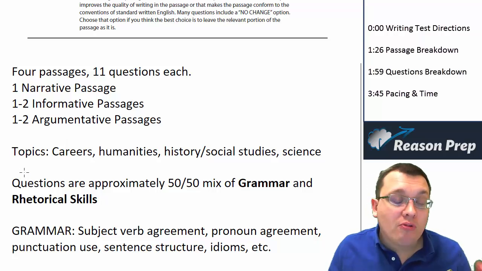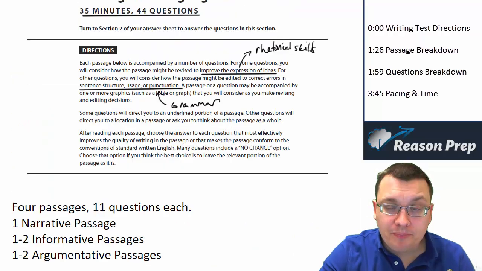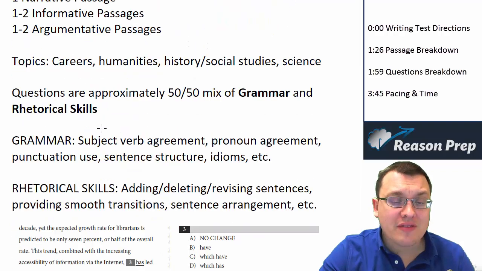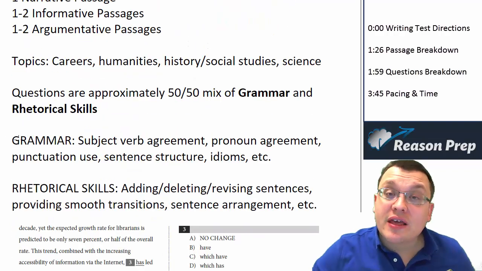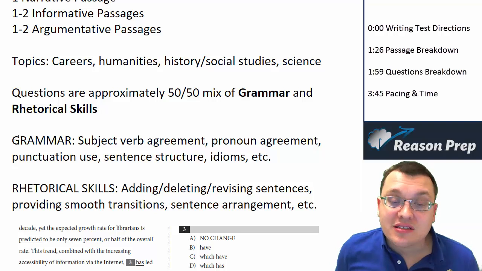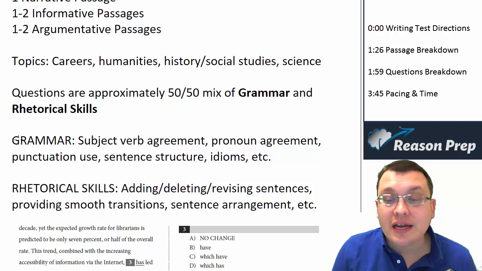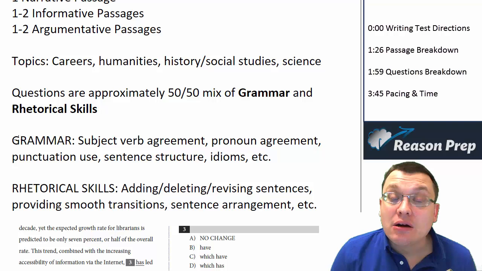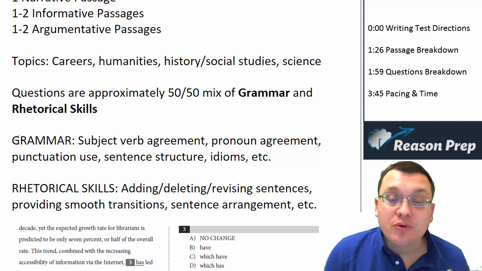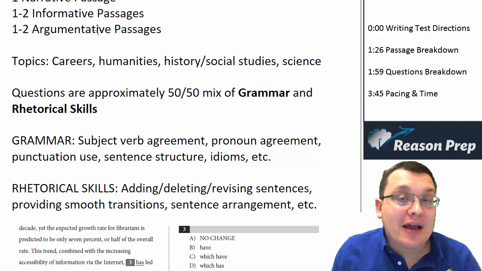The questions are approximately a 50-50 mix of grammar and rhetorical skills, and we saw a little bit of intro of what that means up here. For more specific examples of grammar, we're going to go through all of these, but these types of questions would be things like subject-verb agreement, pronoun agreement, punctuation use, sentence structure, idioms, etc. Rhetorical skills are things like adding or deleting or revising sentences, providing smooth transitions, sentence arrangement, etc. There is some blur between these categories.